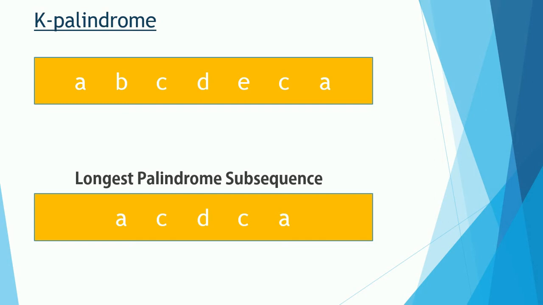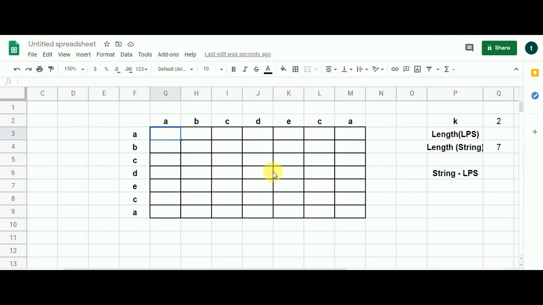So let's switch to the framework. Here we are at our framework. We are going to fill this matrix, and this cell is going to give us the length of the longest palindromic subsequence. You can see k is equal to 2 and the length of the string is 7.